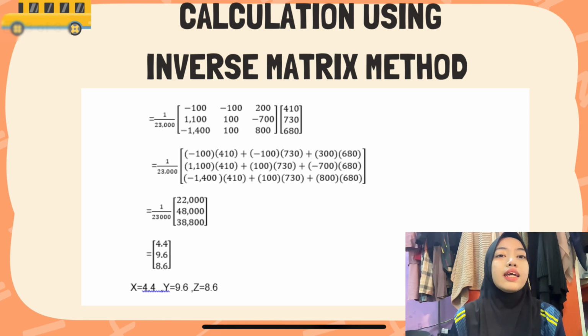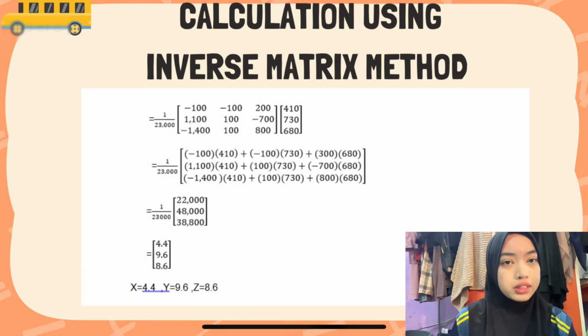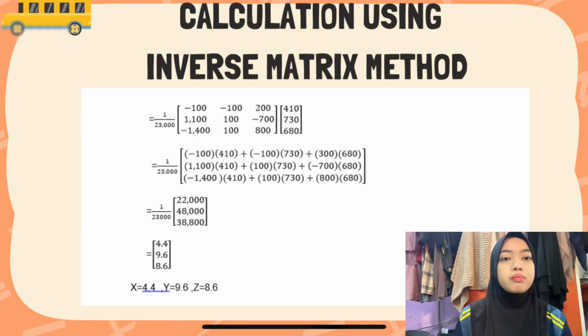Okay, for this slide, we find the inverse matrix by using the formula A inverse equals 1 over determinant multiplied by adjoint A. Since we already have the determinant and the adjoint, we just multiply the adjoint matrix by 1 over 5,000. After that, we multiply the inverse matrix with the constant matrix B. We perform matrix multiplication carefully, row by column, and then we get 3 values.